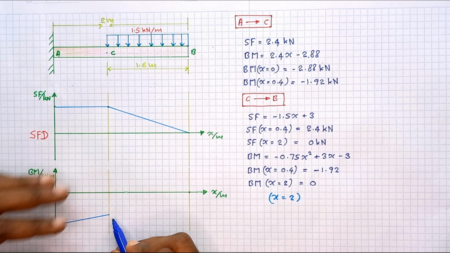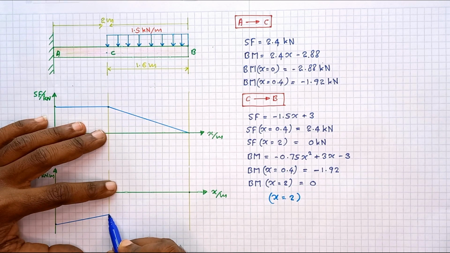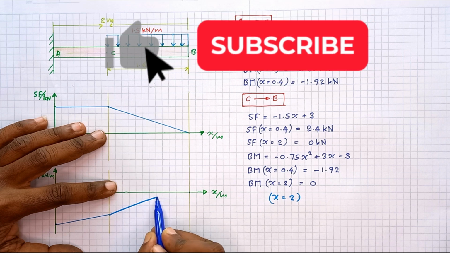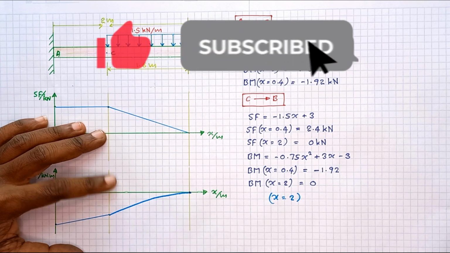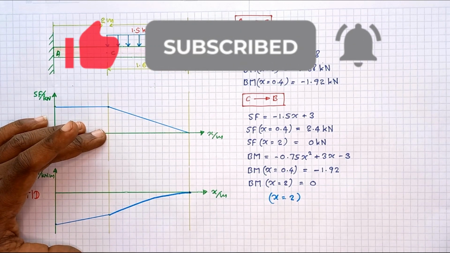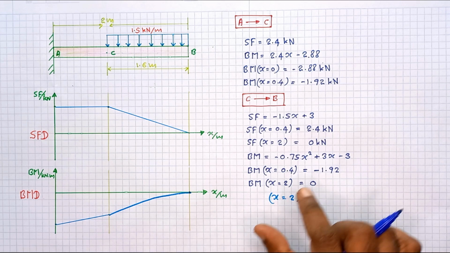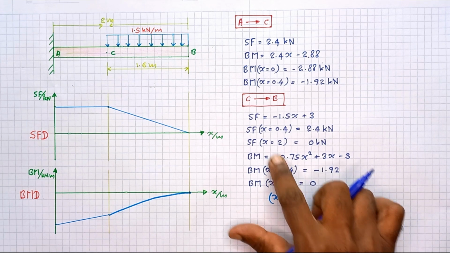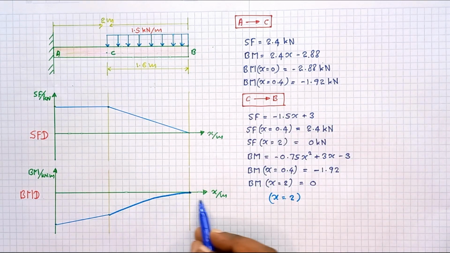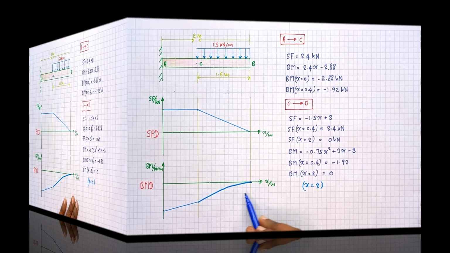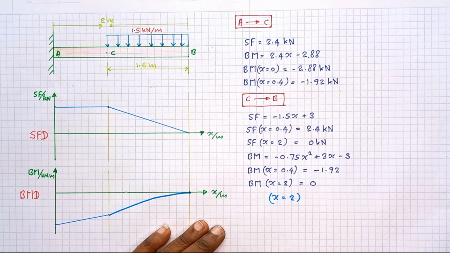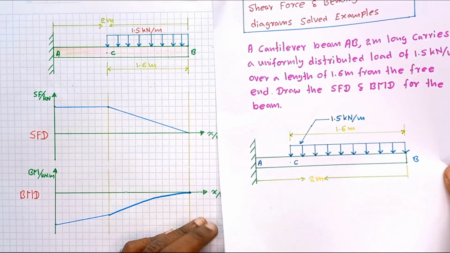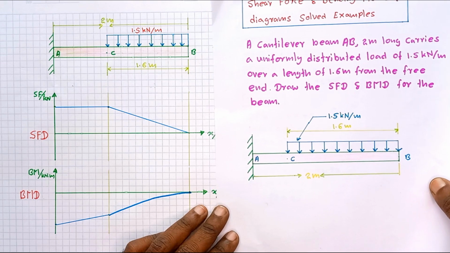I will draw the parabola like this. This is how in the C to B region the bending moment varies. This is how we draw the shear force and bending moment diagram for this problem.